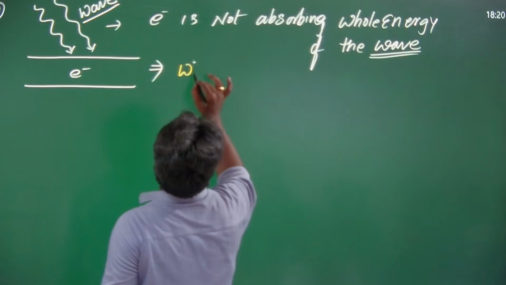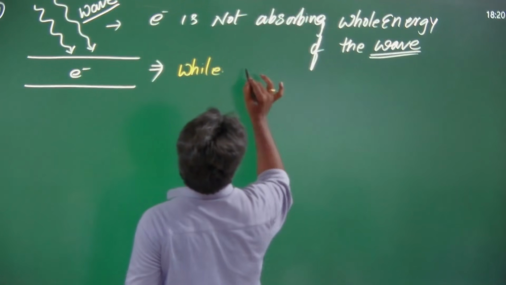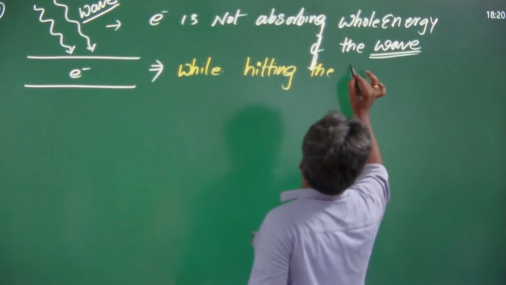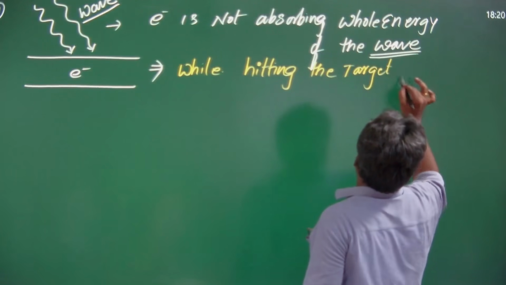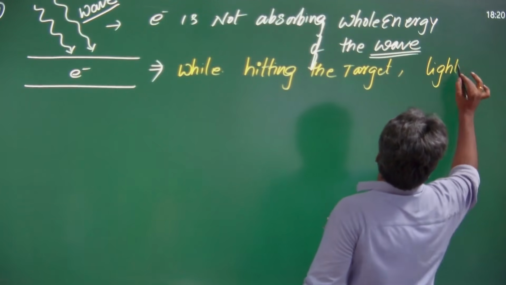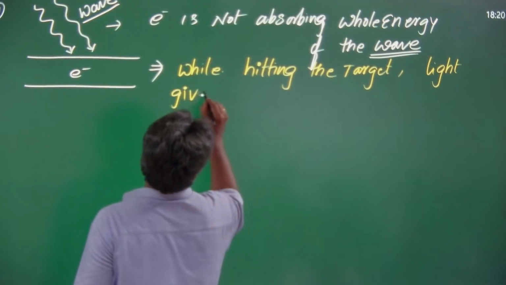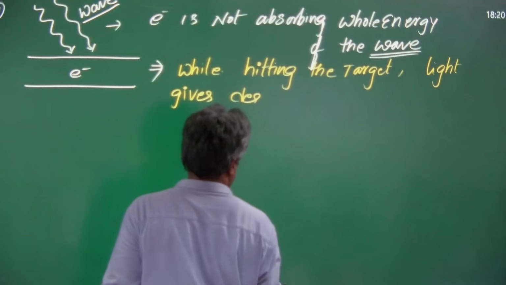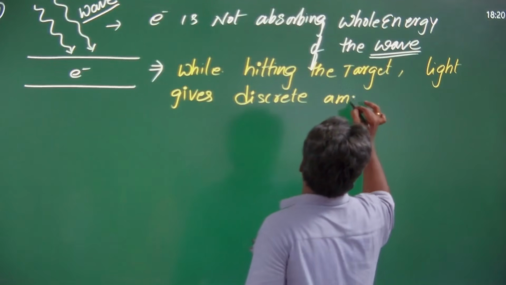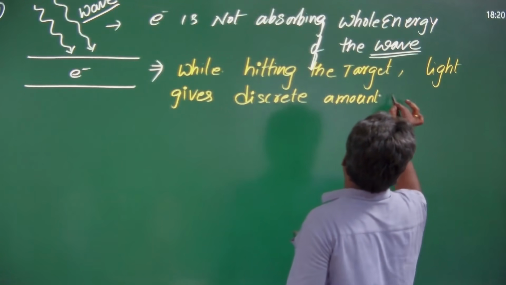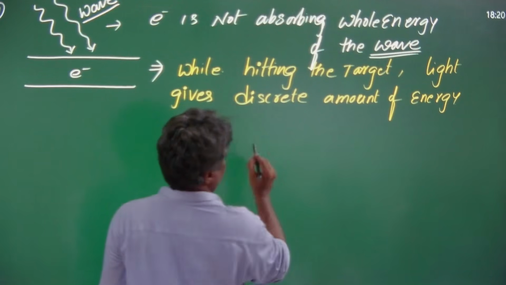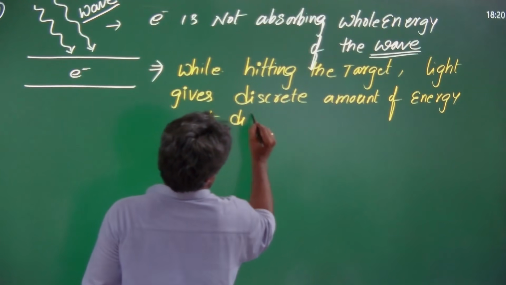So, while hitting the target, light gives discrete amounts of energy at different locations.